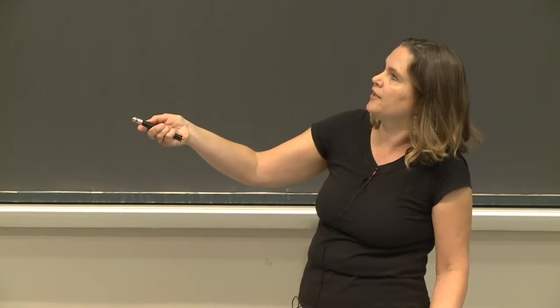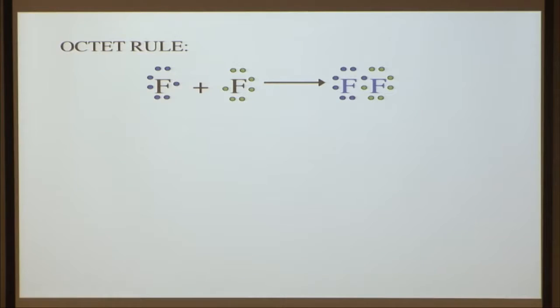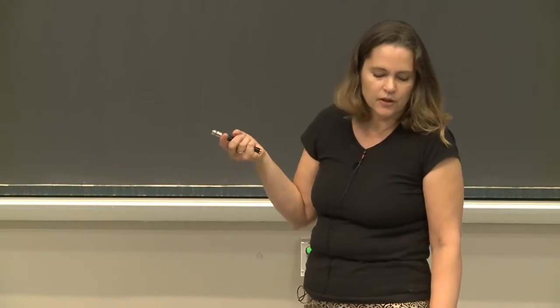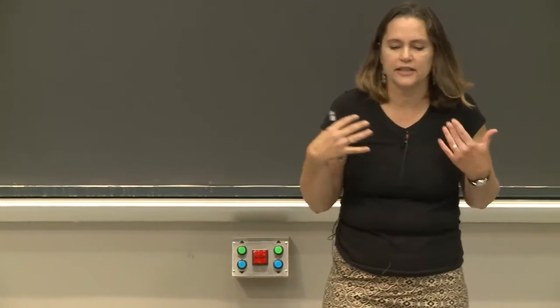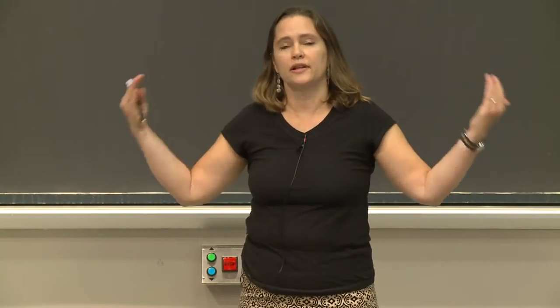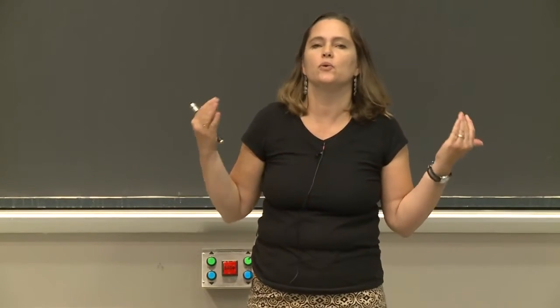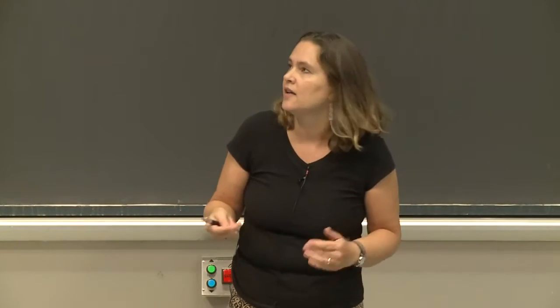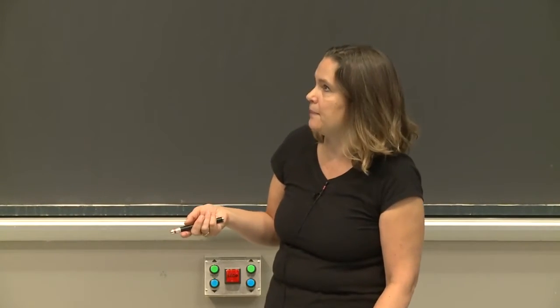If we put one fluorine's 7 in green and the other fluorine's 7 in blue, you can see that they can share 2 in the middle, and both are very happy. So the simple idea is: how many electrons will give you an octet, 8, and how can you put things together in such a way that allows for that to happen.